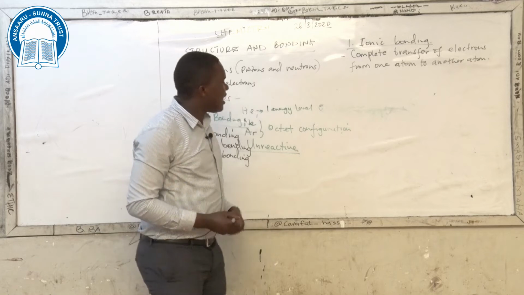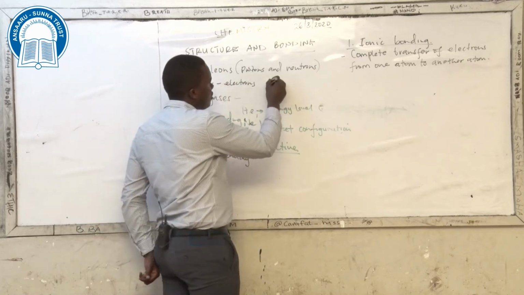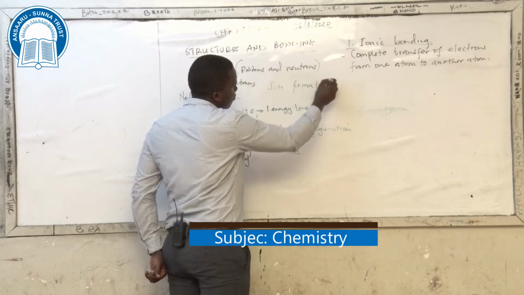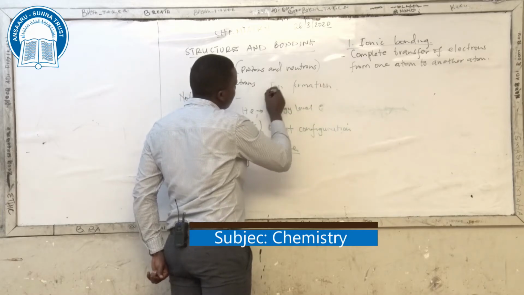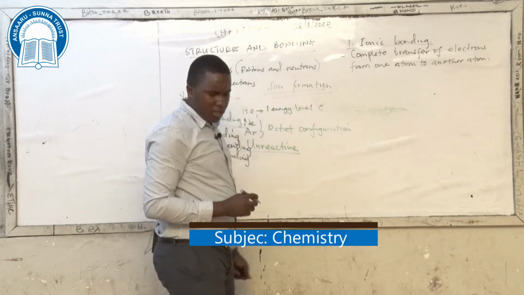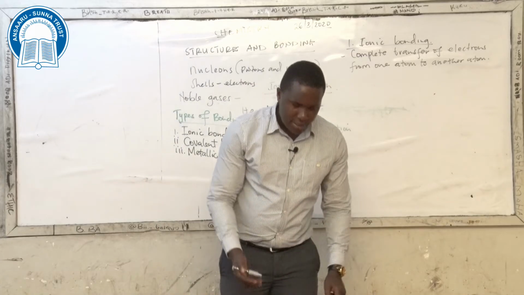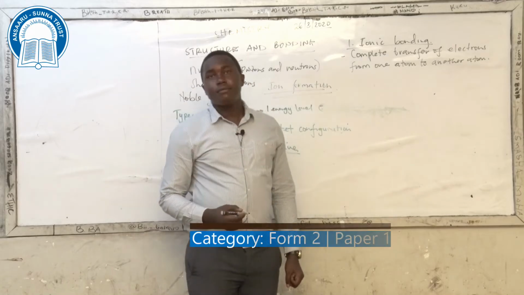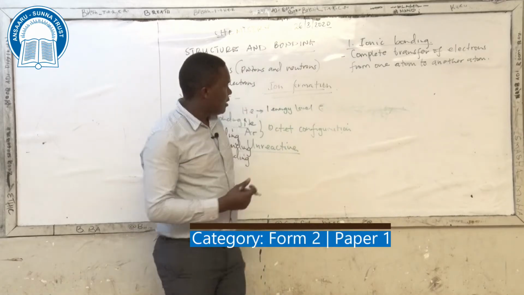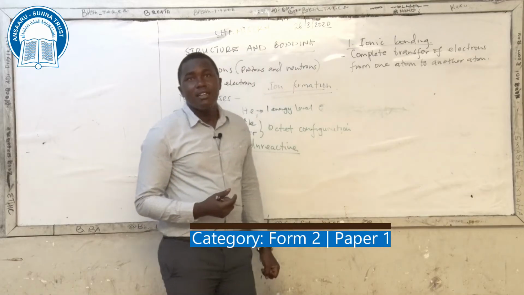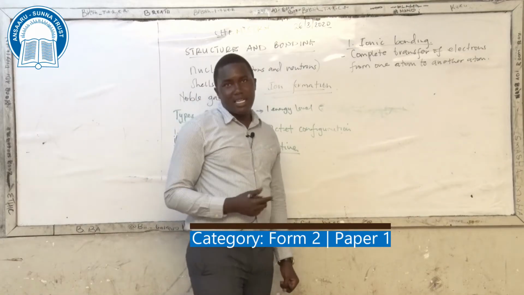Remember, when we were looking at ion formation in the first topic, the structure of an atom, we discussed that when atoms form ions, they do so by either gaining or losing electrons.